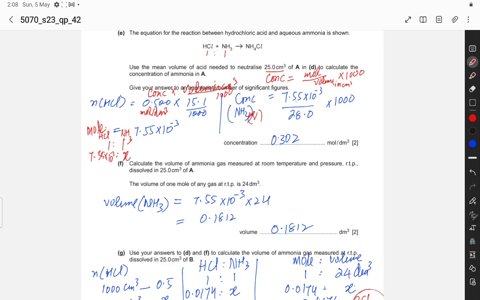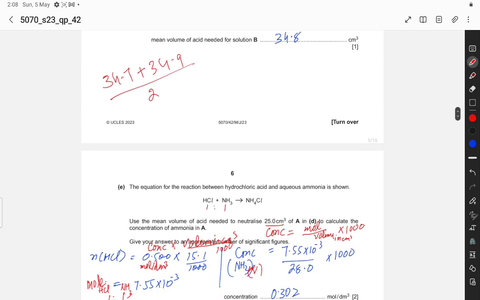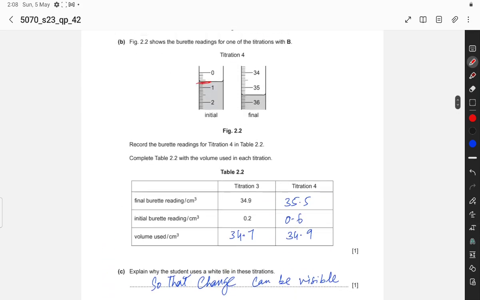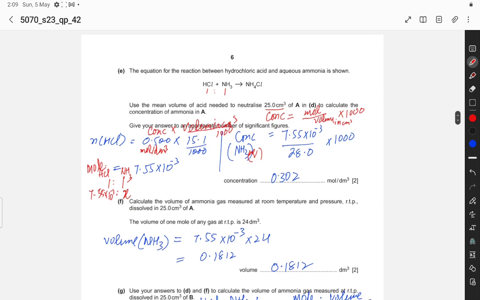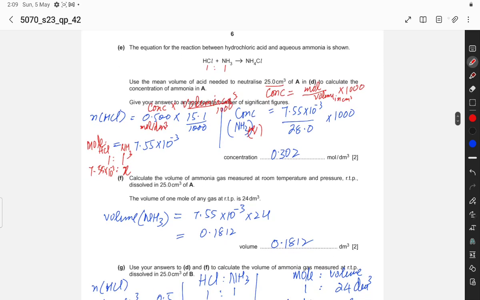The volume is not 28, it is 25 centimeter cube. By calculating this, mole over volume of 25 centimeter cube of A, we get the concentration as 0.302 mole per dm cube. This is the concentration of ammonia.